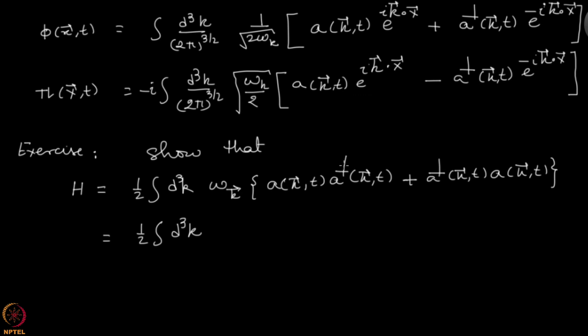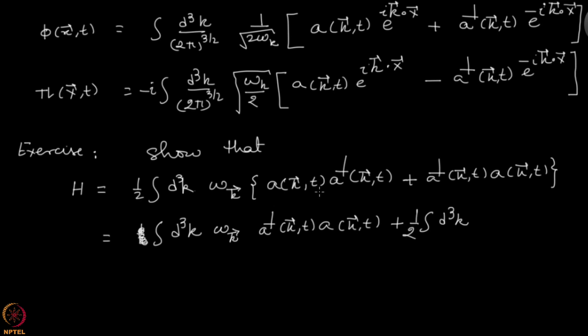So I use the commutation relation and interchange the two, and that will pick up a delta function, because the commutation relation gives you a delta function. This gives omega k, because it becomes twice a dagger_k(t) a_k(t). That factor of 2 kills this factor of 2, and plus you will get an infinite contribution because of the delta function.